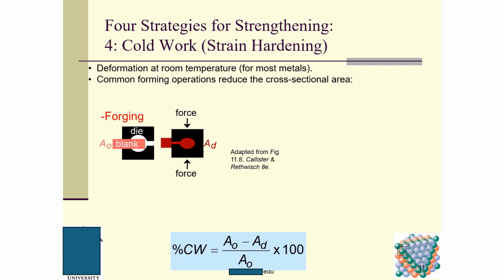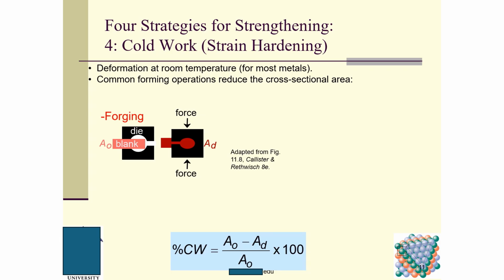Then we apply the force on top and also bottom, and then we get the final shape and size. So the blank's shape and size are changed, and as a result, the percentage of cold work is quantified using this equation.